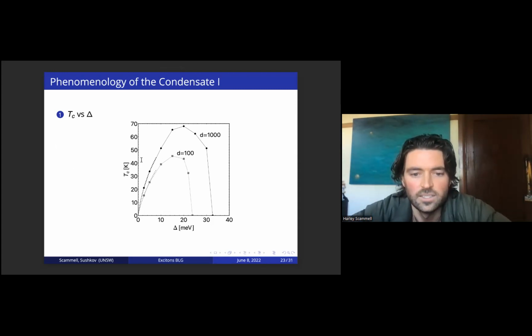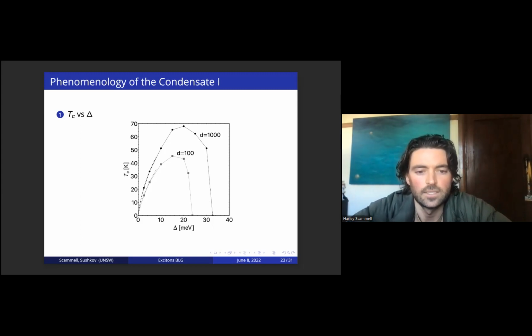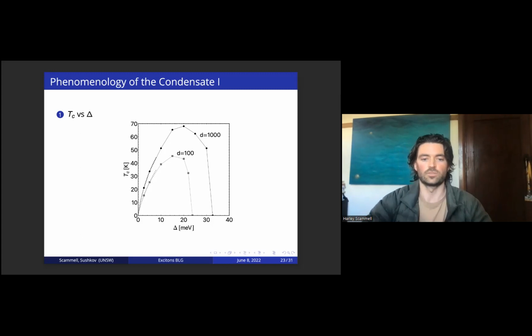So here's the critical temperature versus delta at 2 different values of the distance to the gates. And at the start of the talk, I said, well, why don't you just set 2 delta equals 0? And then you're immediately in the condensate phase. Well, when you set 2 delta equal to 0, you also enhance screening significantly because now you're in a semi-metallic phase.